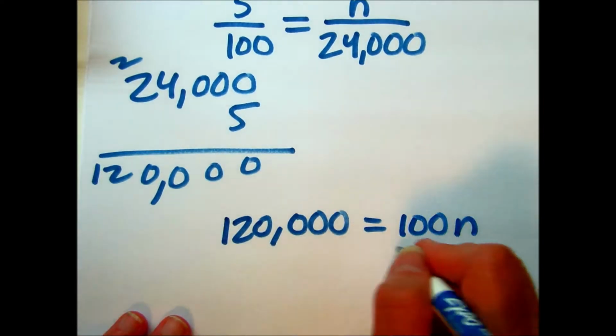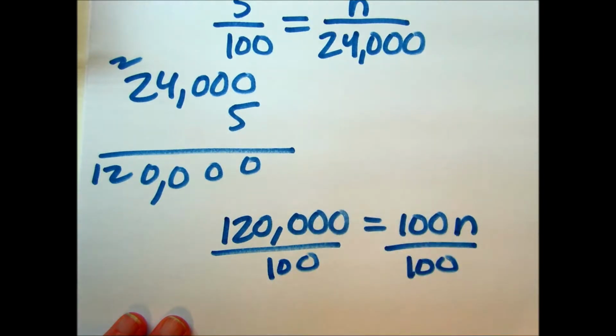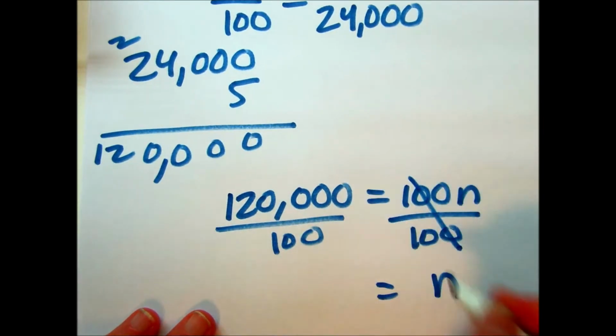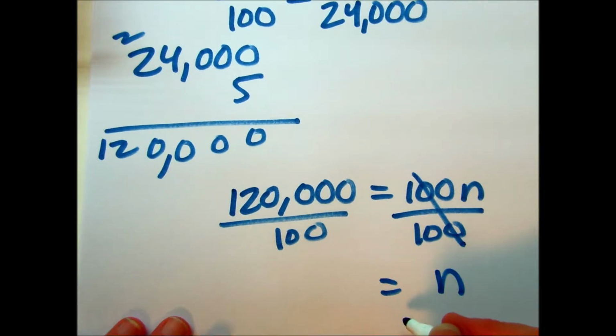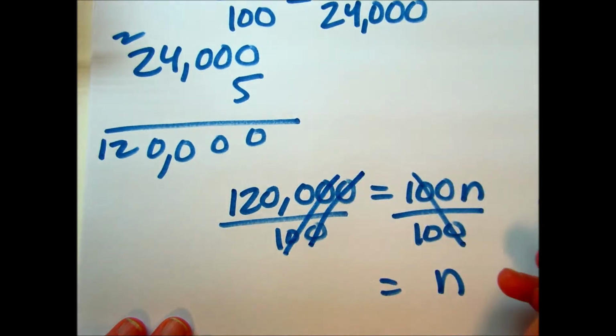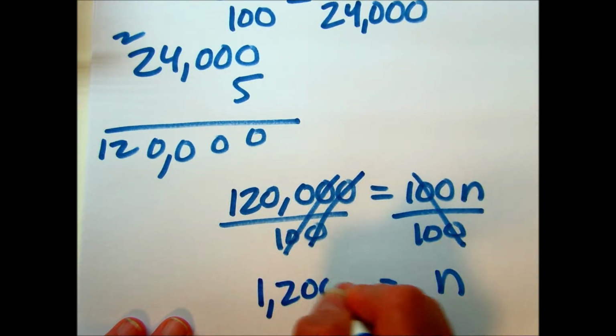And then, of course, we would divide by 100, and that would cancel. Whatever this is going to be is the amount of the commission. Now, with these hundreds, I could cross off those zeros, and I'm left with $1,200.